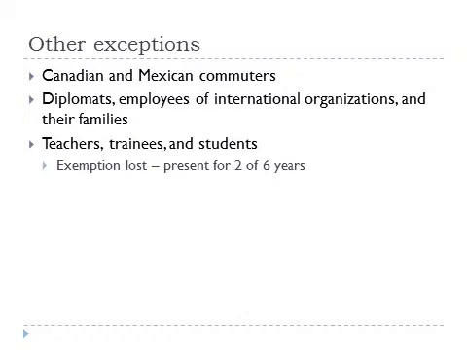The exception for a teacher or trainee is lost if the person has been present in the United States for at least 2 of the 6 preceding years. Where this exemption applies, it also applies to the person's immediate family, including spouses and unmarried children under 21 who reside in the person's household.